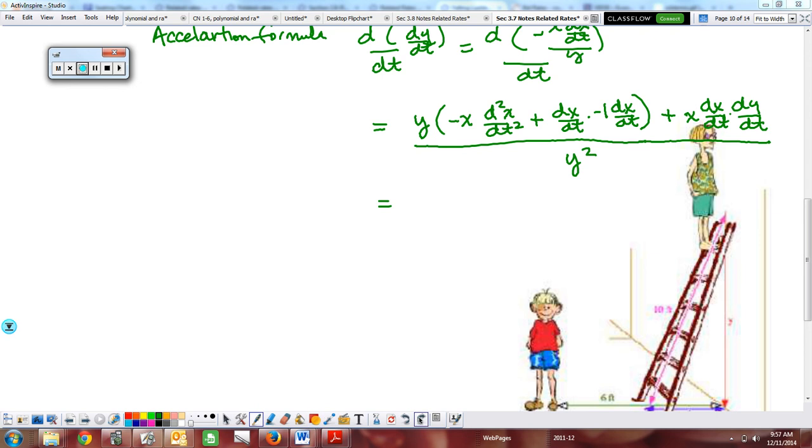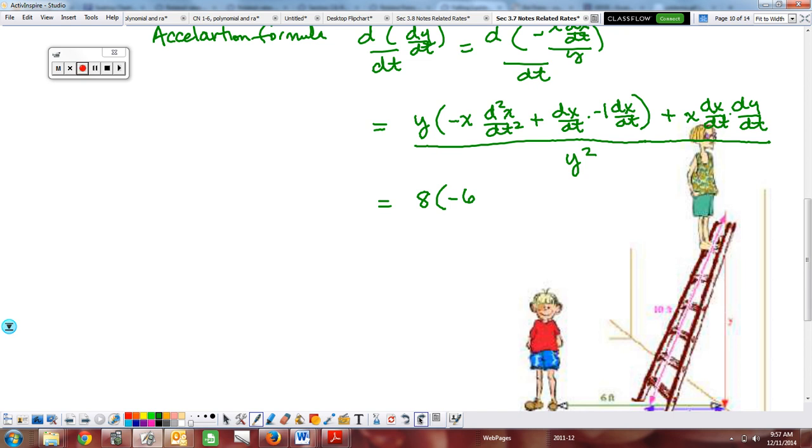We have our y, which we already figured out, when x is 6 is 8. Then we have our x, which was 6. Now we need the second derivative of x. But now think about this. We had x and dx dt was, sorry, 2, which is a constant.